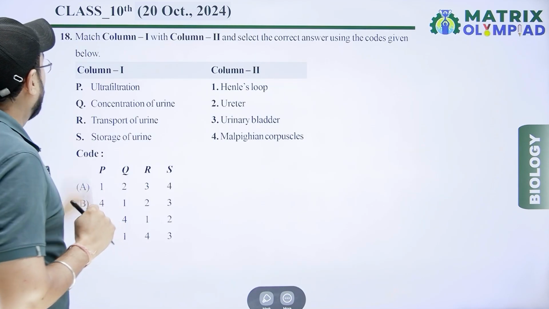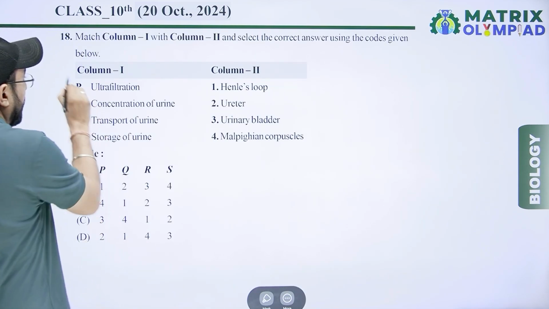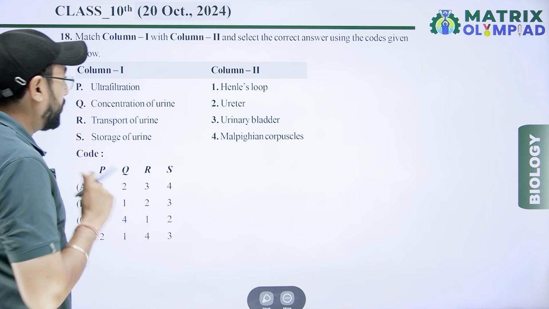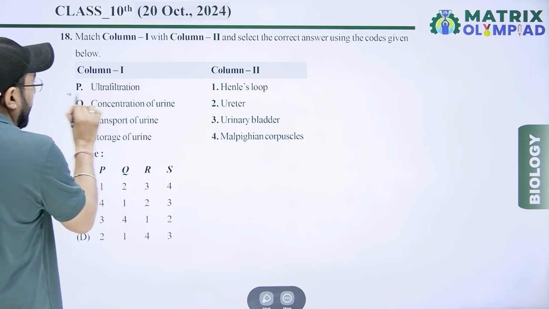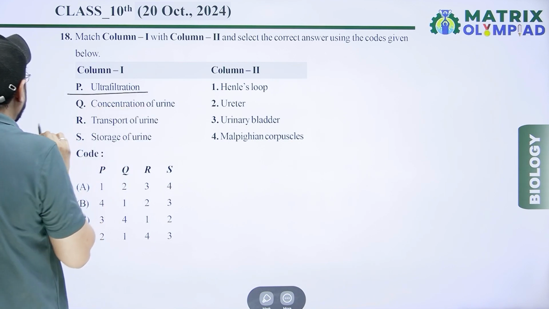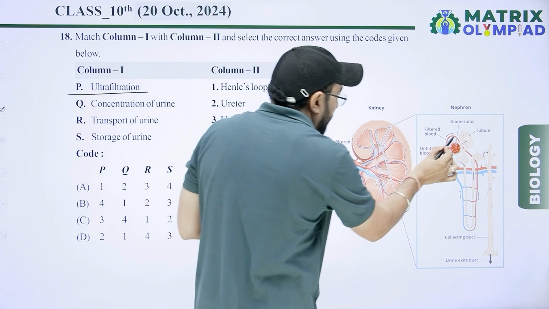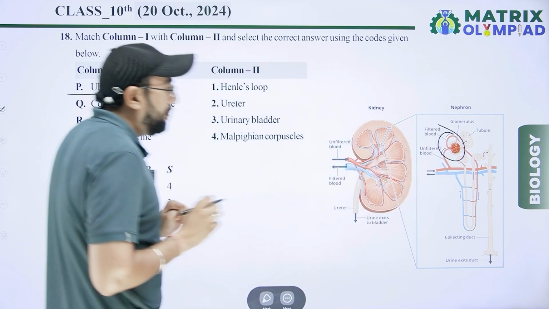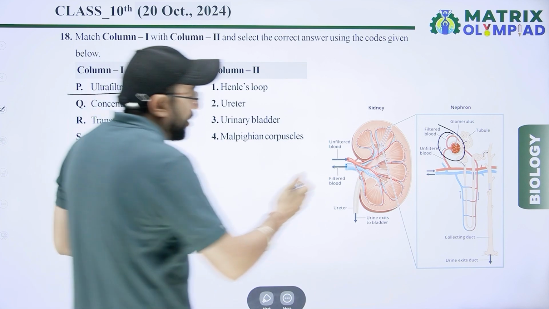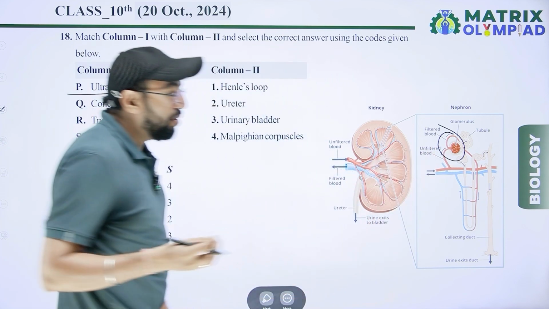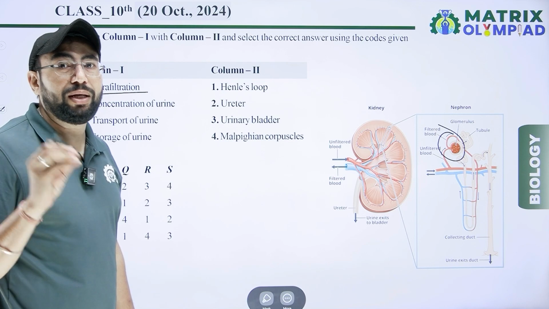Next, match column first and second, related to urinary system. Ultrafiltration: start from this structure that is called Malpighian corpuscles, which include glomerulus and Bowman's capsule.